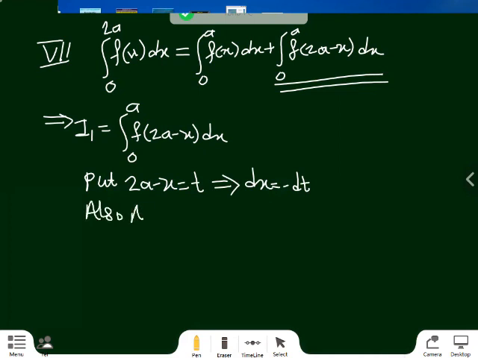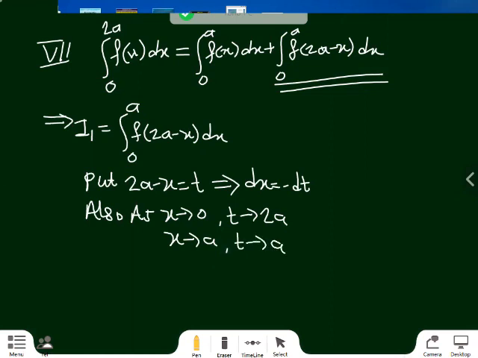Also as x tends to 0, t tends to 2a, and as x tends to a, t tends to a.